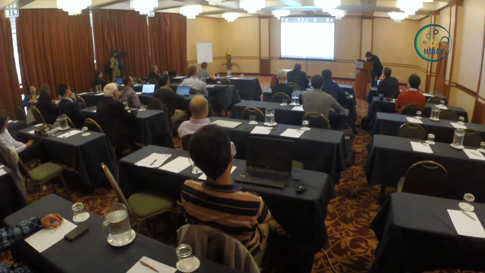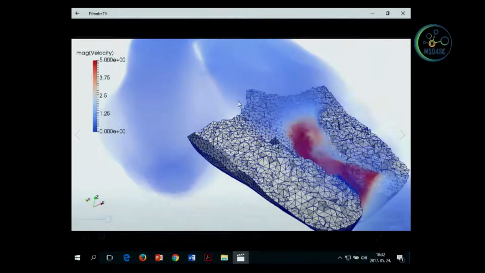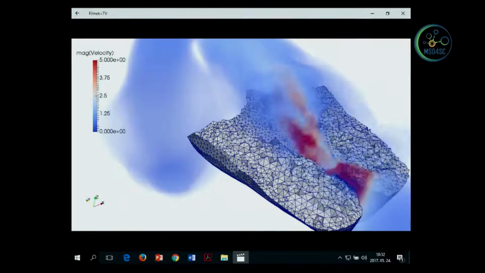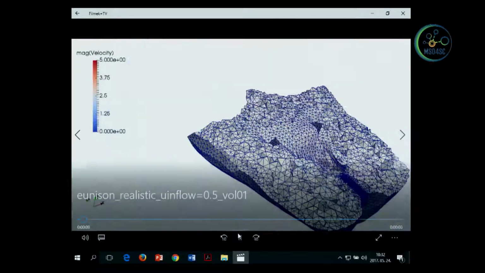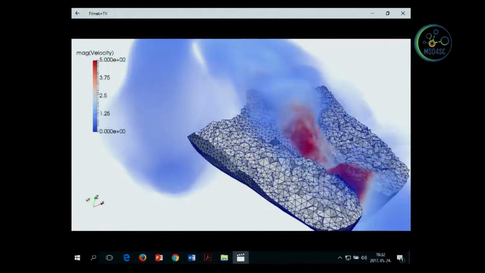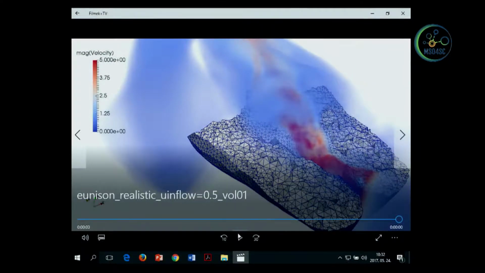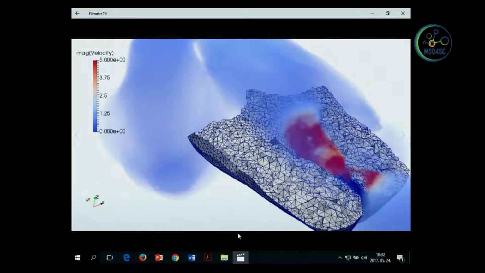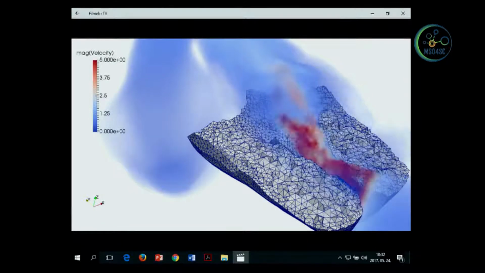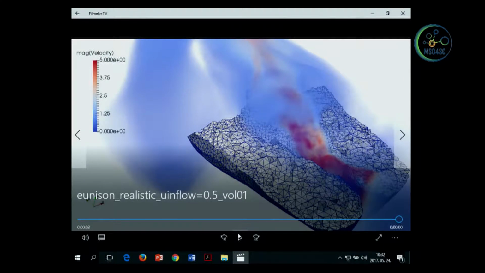And on a more realistic geometry, we have these simulations again with 500,000 vertices, where you see the vocal tract and the rest of the flow, and the vibration of the vocal folds here.